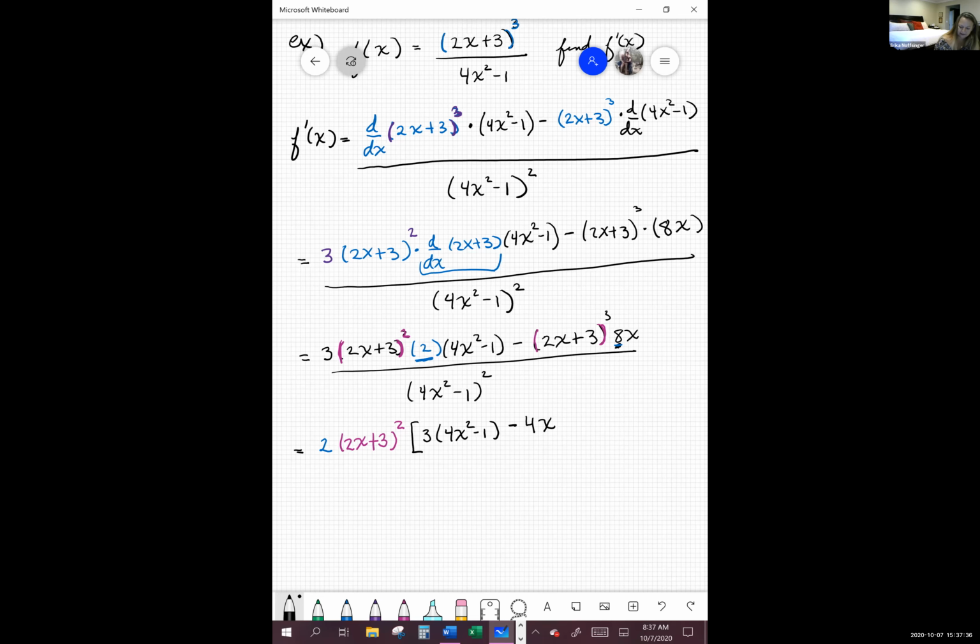I'm left with an x. And I pulled out (2x plus 3) quantity squared, and I have a cubed here, so I'm left with 1 parentheses 2x plus 3. Bracket all over (4x squared minus 1) quantity squared.